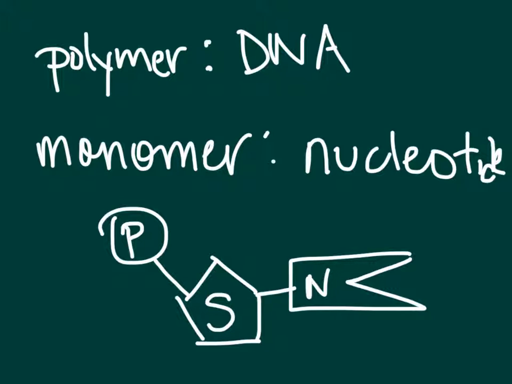Hopefully from that chapter you remember anything that ends in OSE is a sugar. Glucose, fructose, sucrose. Deoxyribose, that means it's a sugar. And a nitrogen base. So we have a phosphate, a 5-carbon sugar, and a nitrogen base makes one nucleotide.